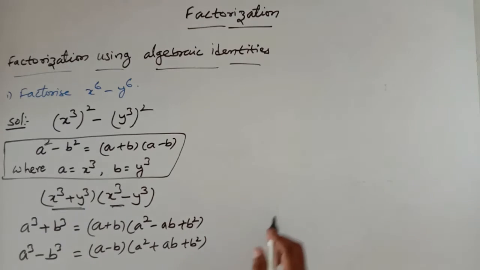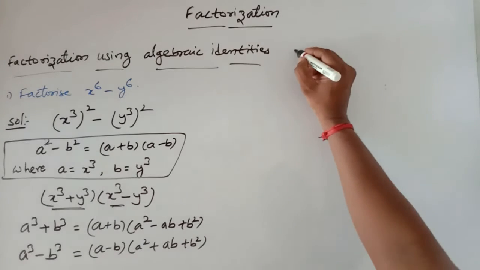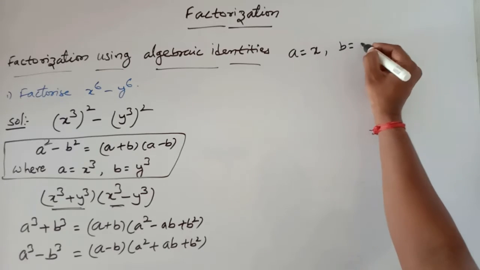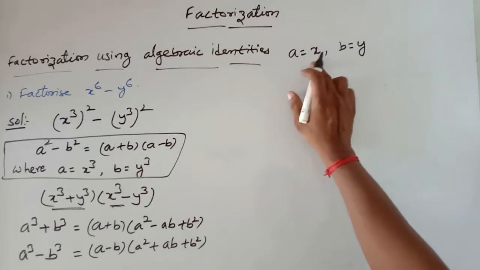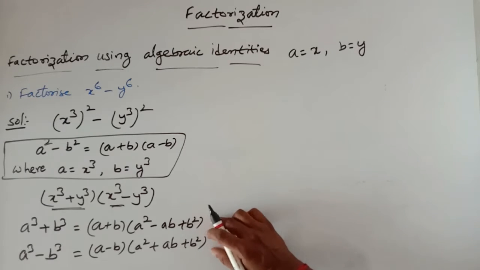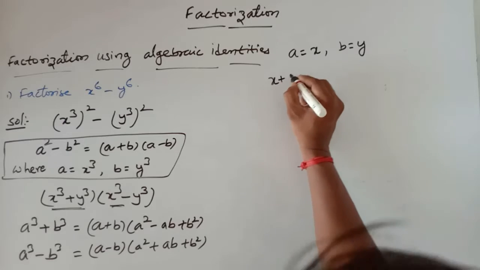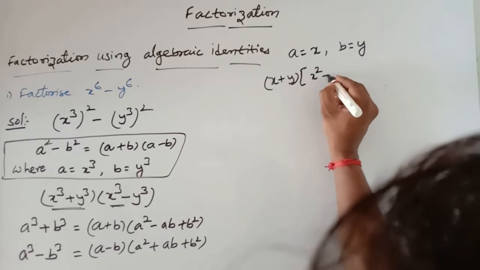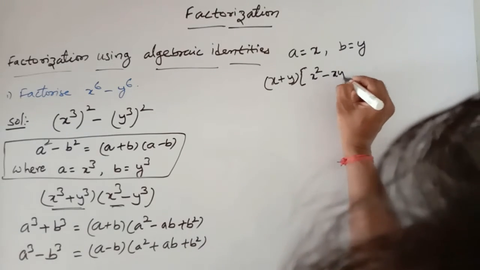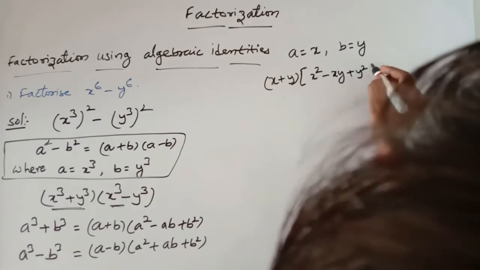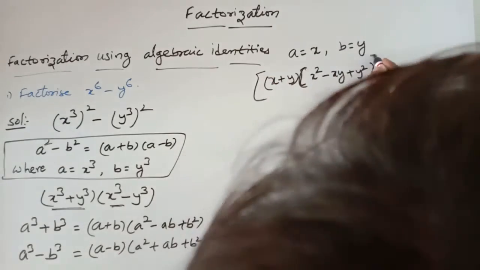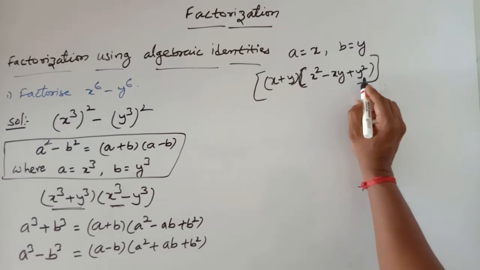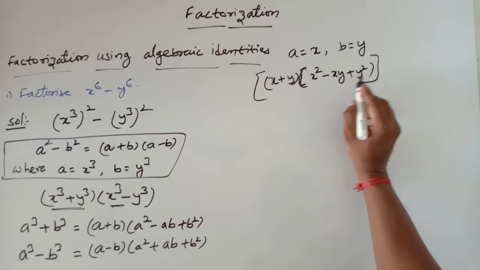In both cases, a is equal to x, b is equal to y. I am going to substitute x and y in these two identities. Now x cube plus y cube is x plus y into x square minus xy plus y square.